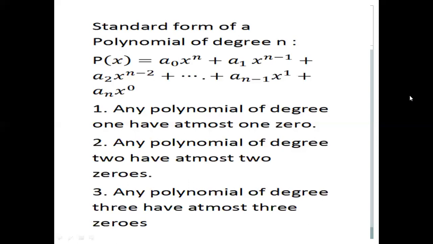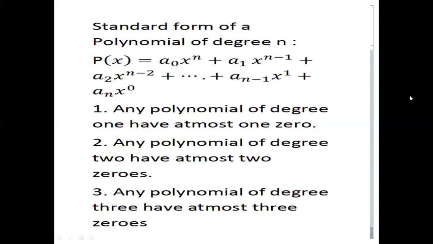Now, these three are very, very important points. You must keep these points in your mind. Any polynomial of degree 1 will have at most 1 zero. That means the zero of the polynomial will be 1. Any polynomial of degree 2 will have 2 zeros. Any polynomial of degree 3 will have 3 zeros.